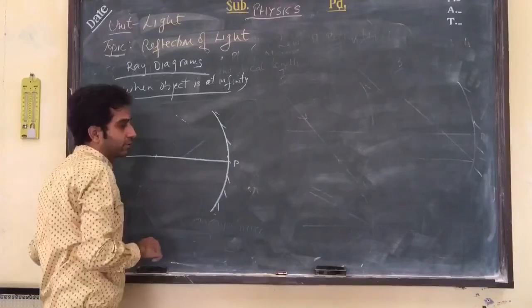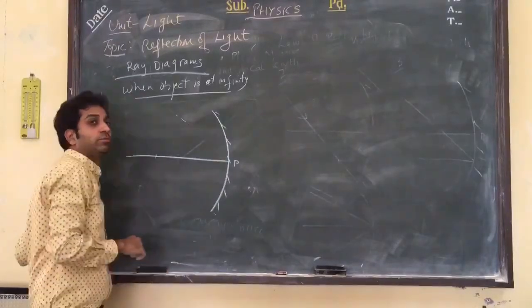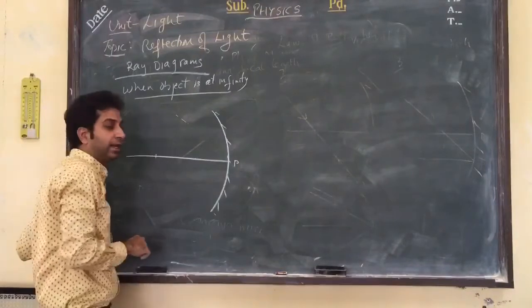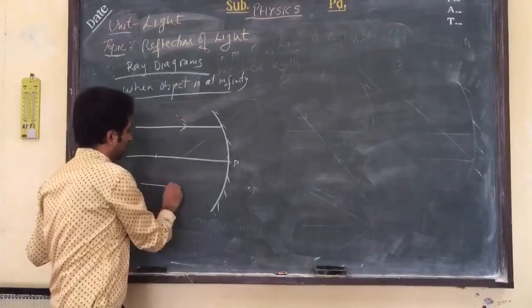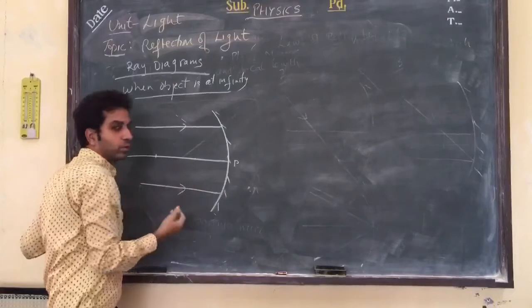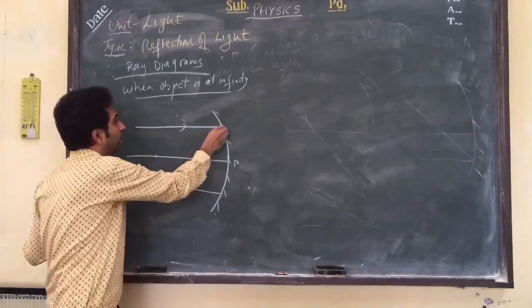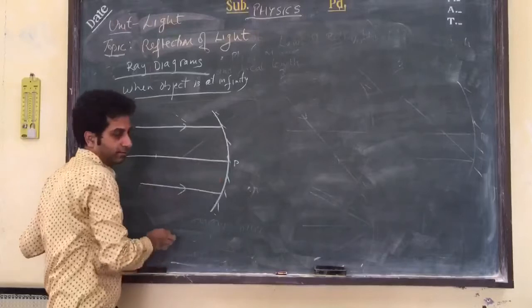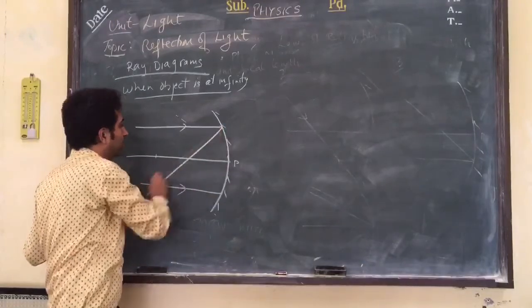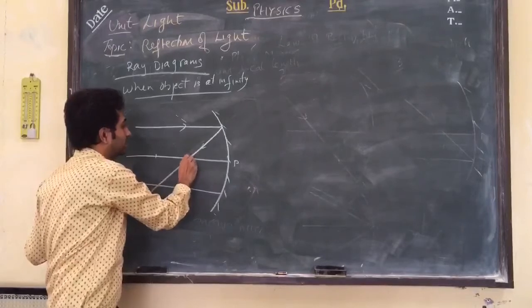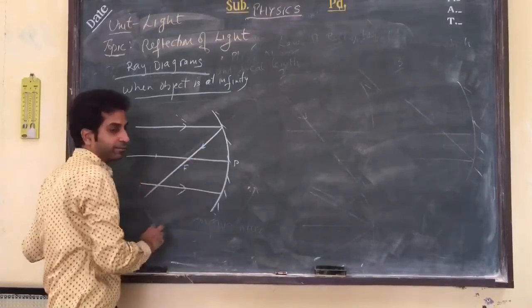Already said, if you are taking the object at infinity, we assume the incident rays to be parallel. So let the ray come parallel to the principal axis. You can assume 1 or 2 or more rays to draw the diagram. Then as per rule number 1, if the ray is traveling parallel, then after reflection it will pass through the focus. So this is a reflected ray.